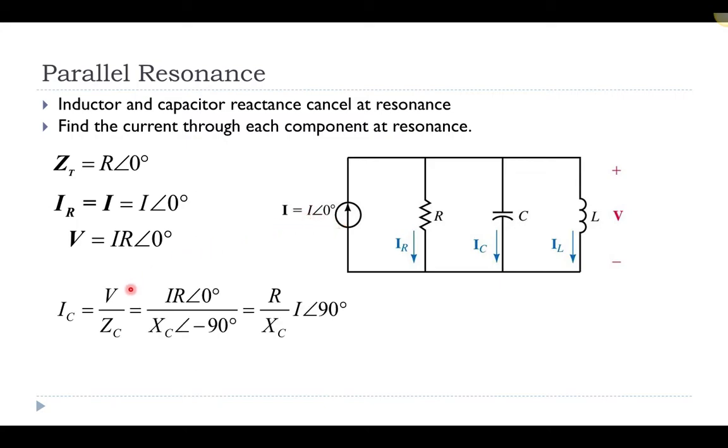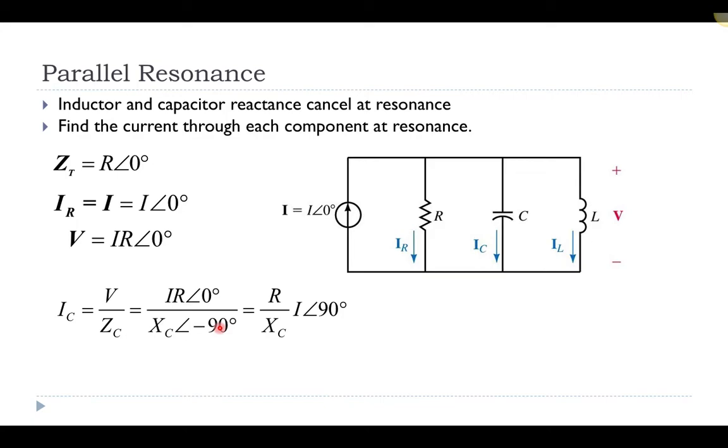If I want to know the current through the capacitor, it would just be the voltage over the impedance of the capacitor. These really should be bolded because I am using phasor notation. The voltage is just the current times the resistance, phase angle of 0, the value that I found above, and then the capacitive impedance is just the capacitive reactance with a phase angle of -90.